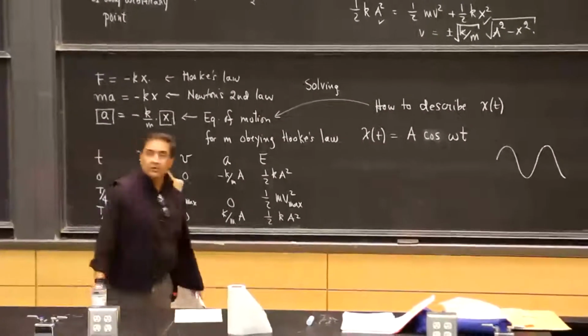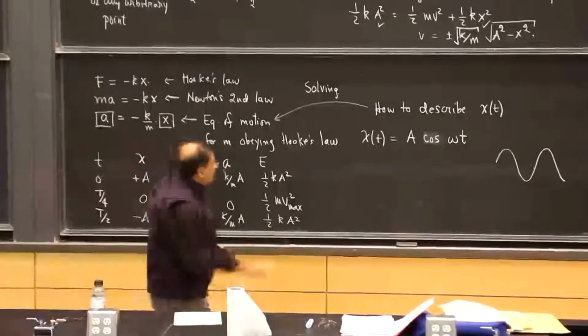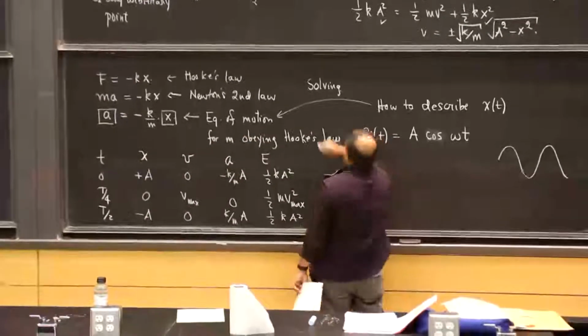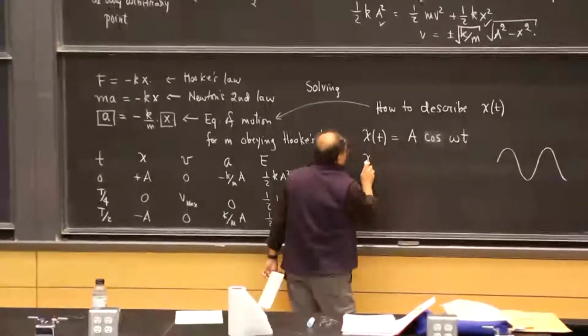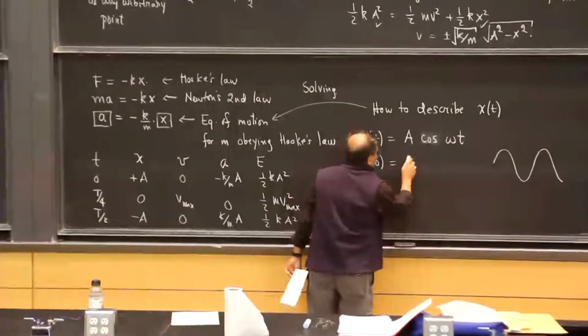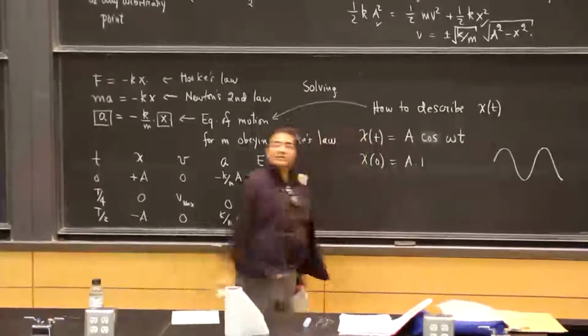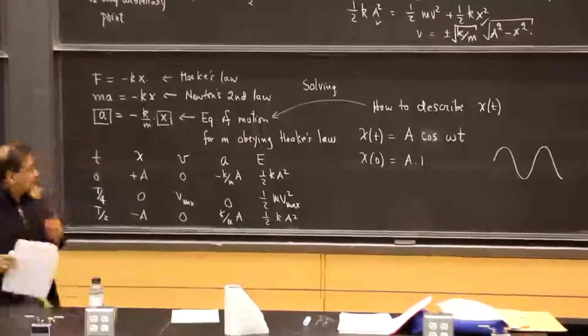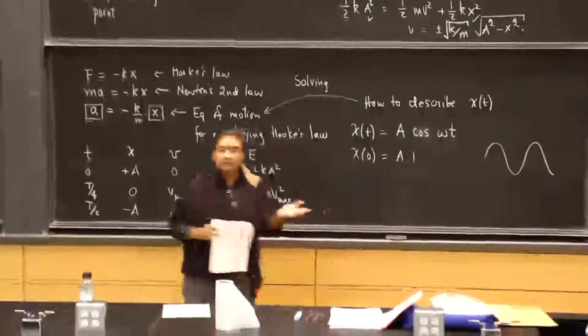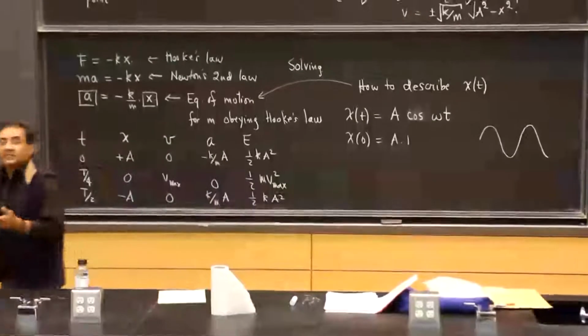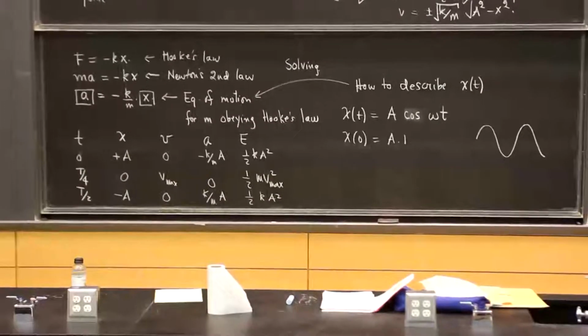So cosine of 0 we know is 1. If cosine of 0 is 1, then my initial condition that I drew out there is immediately satisfied because x of 0 in this case is A times 1, and that works beautifully. So therefore this clearly would be a nice solution to my problem. Question is if this is indeed the correct solution.